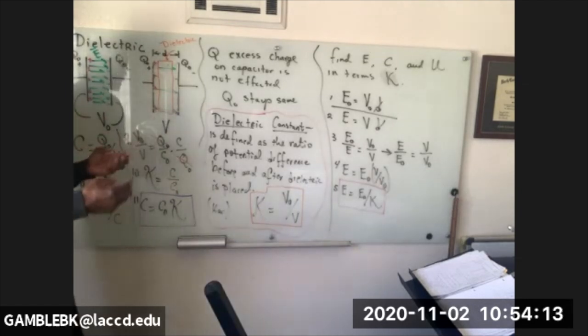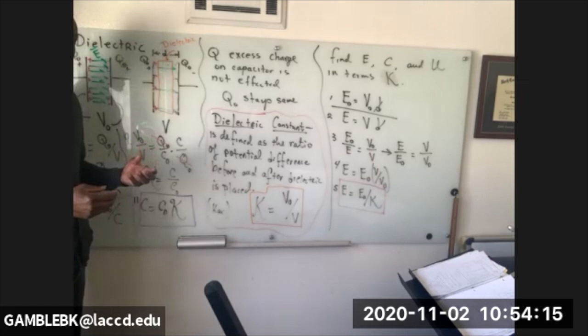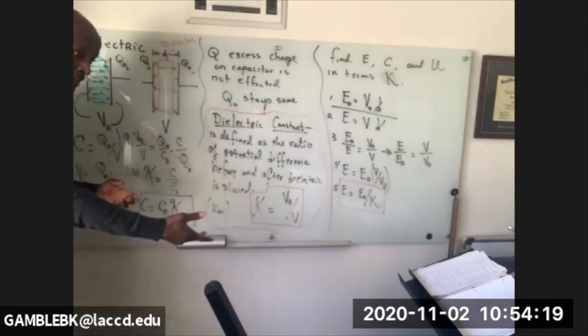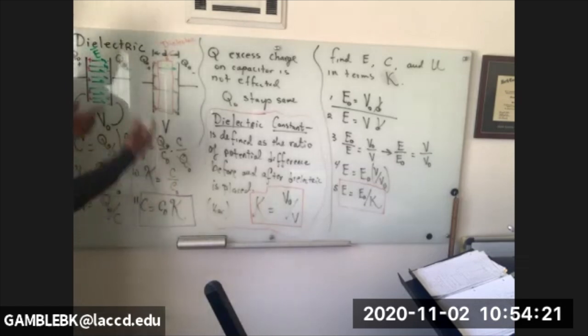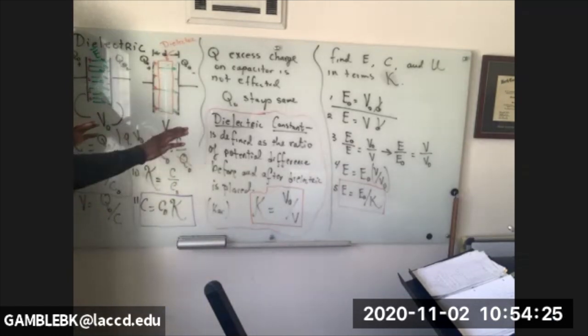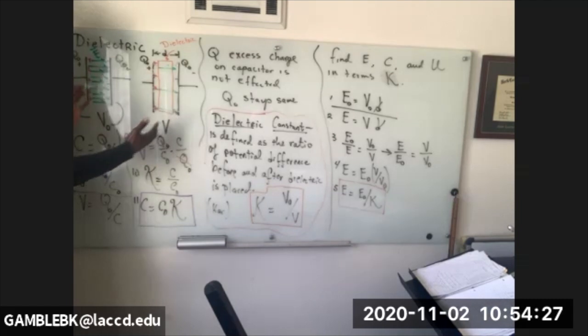But if I were to take a capacitor with a dielectric as opposed to a capacitor without a dielectric and then put it back in that circuit, I could actually put more charge on it than if it didn't have the dielectric. That's a different scenario than what we're actually considering here.